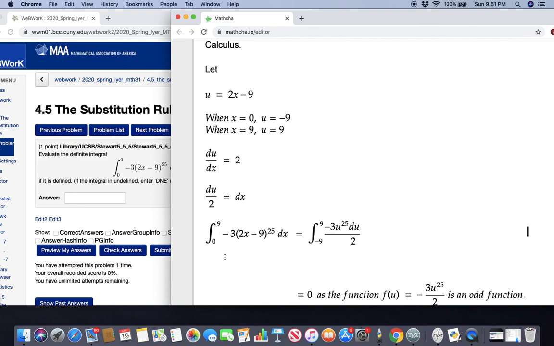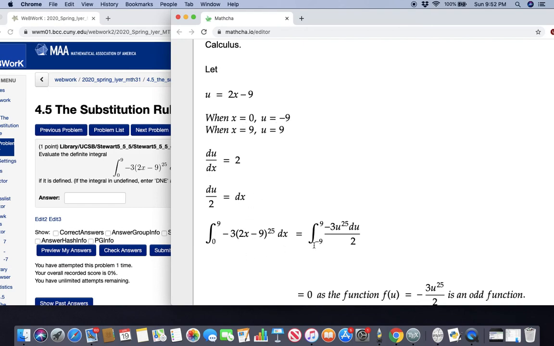So my original integral from 0 to 9 of negative 3 times (2x minus 9) to the power 25 dx becomes an integral from negative 9 to 9. Do you see how I got the negative 9? When x is 0, u is negative 9.